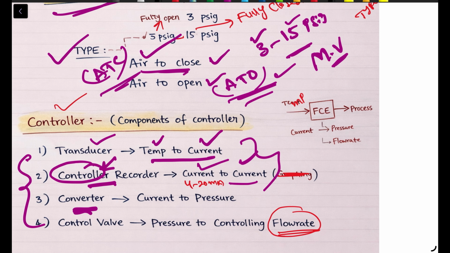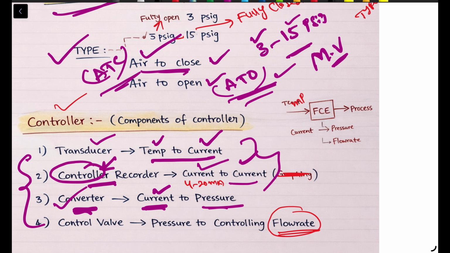Then we have the converter. Sometimes a signal must be converted from one type to another. That means we get the electrical signal, the current signal, and it is converted to a pneumatic signal, a pressure signal. This is what the converter does.